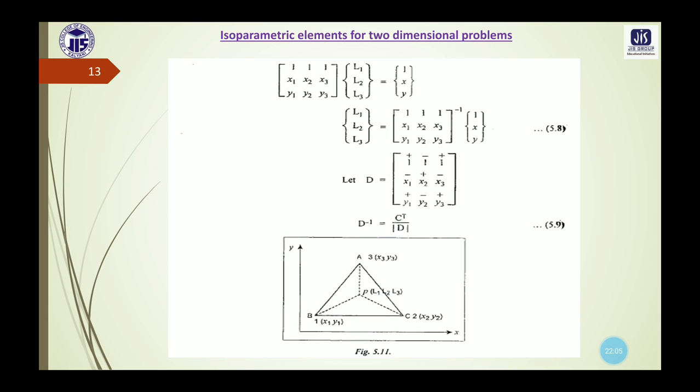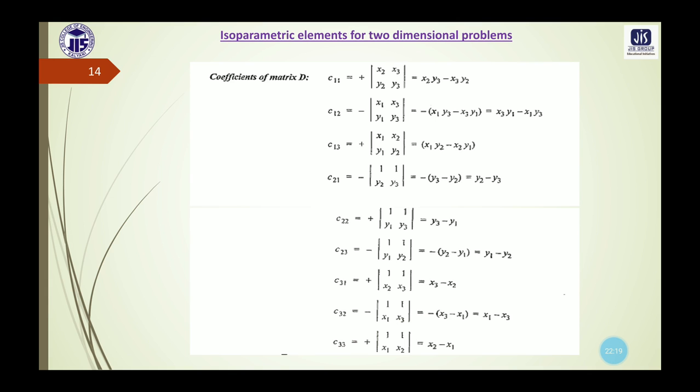Now let D be that matrix. So D inverse will be C transpose divided by the determinant of D, which is equation number 5.9. So we need to first perform the inverse of that matrix.